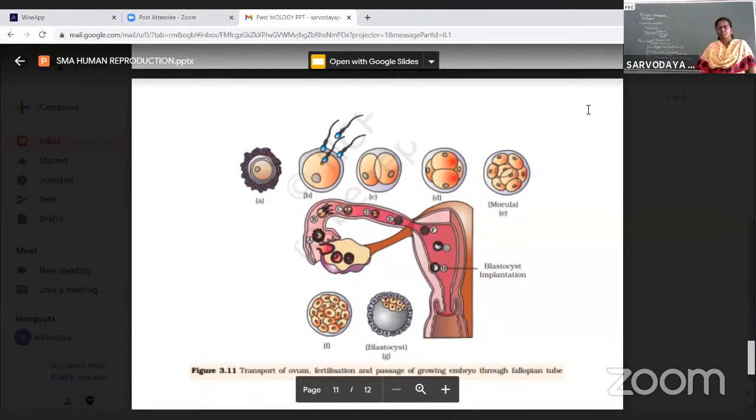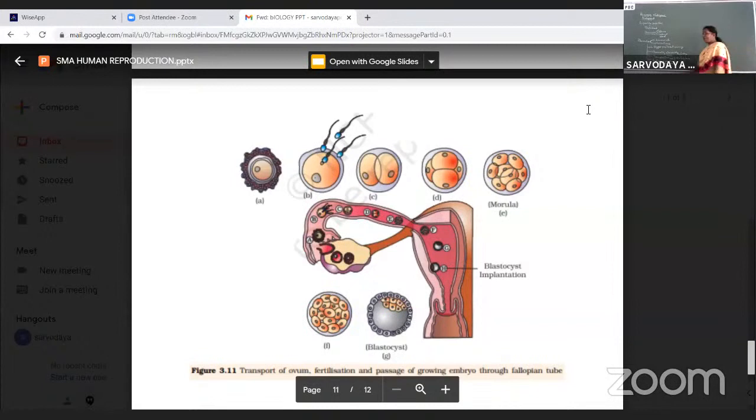So what are the functions? The first function, it is going to help in supply of oxygen and nutrients from the mother to the developing embryo.